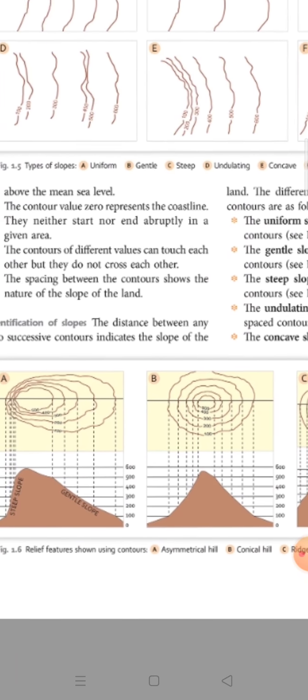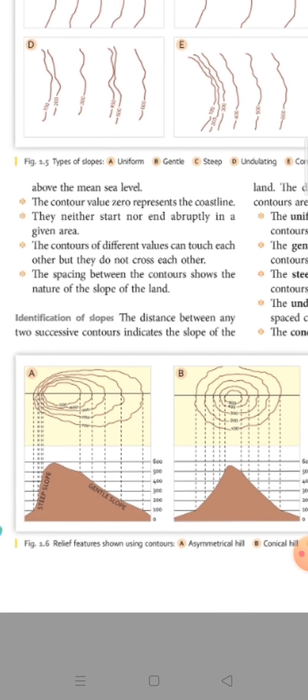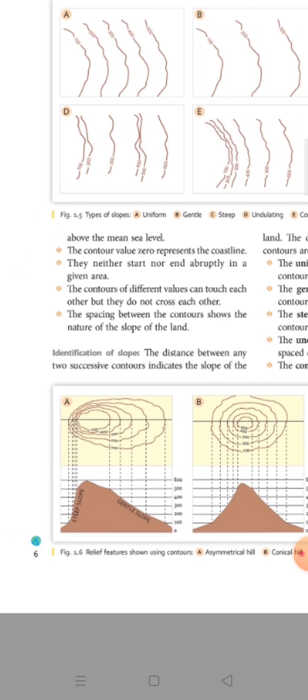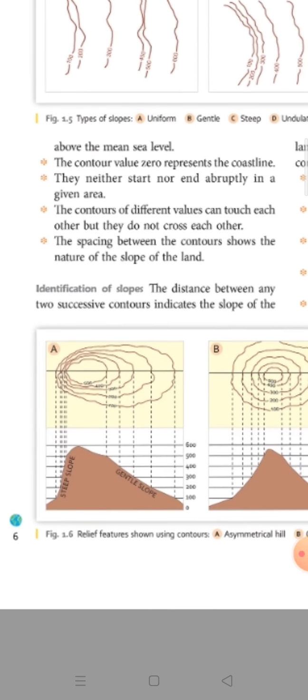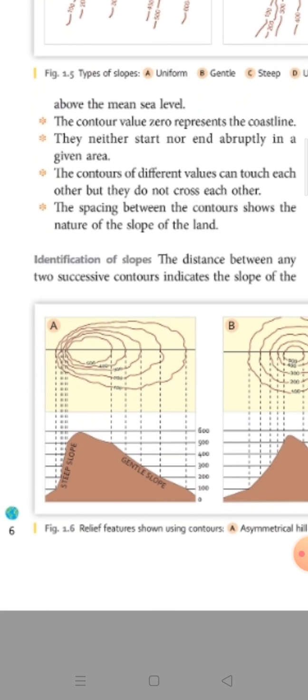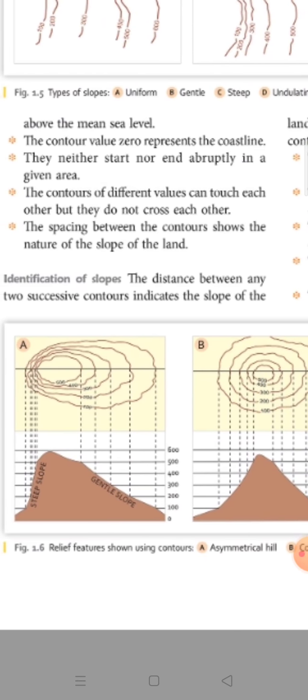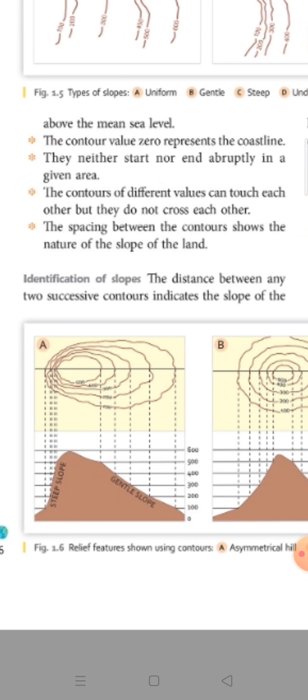These slopes are above the mean sea level. Here you see the contour value 0 represents the coastline.